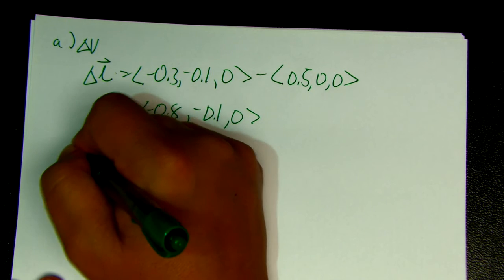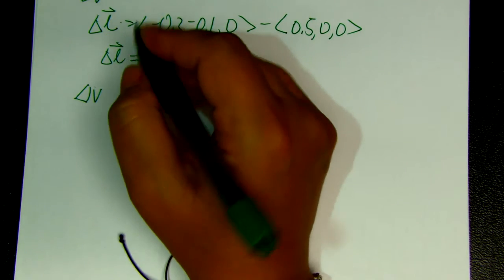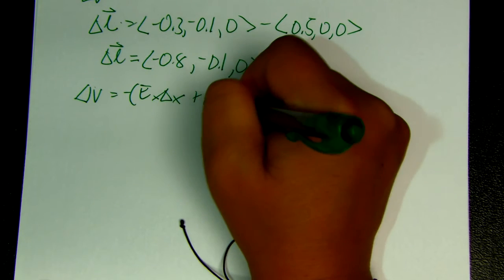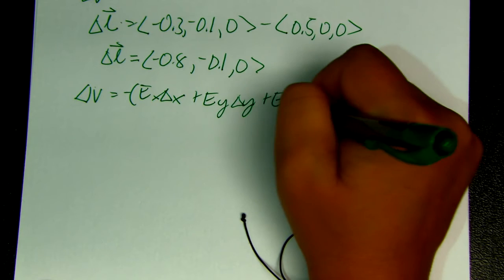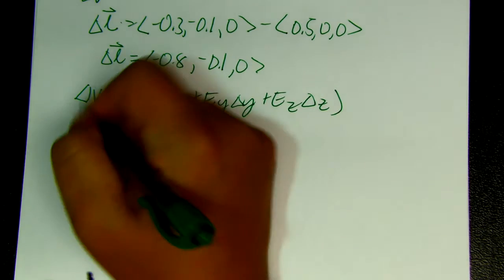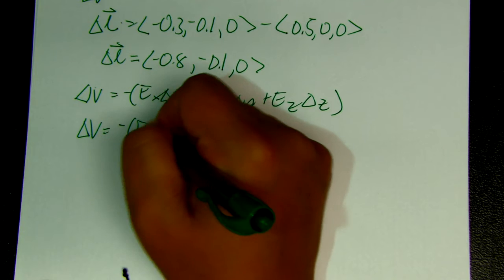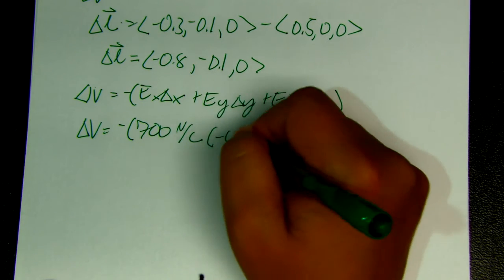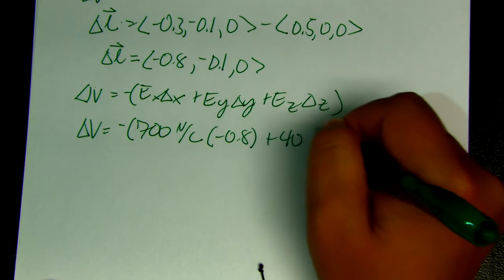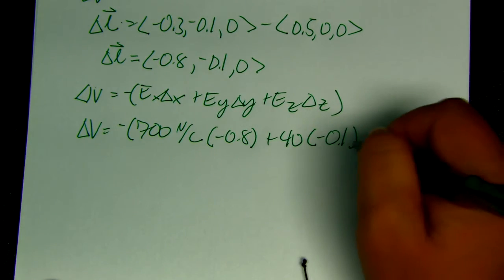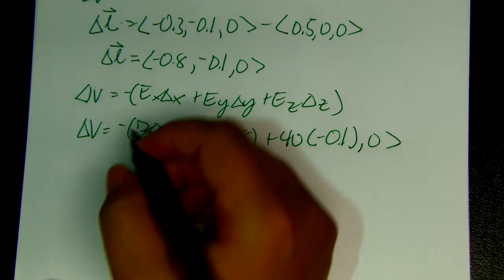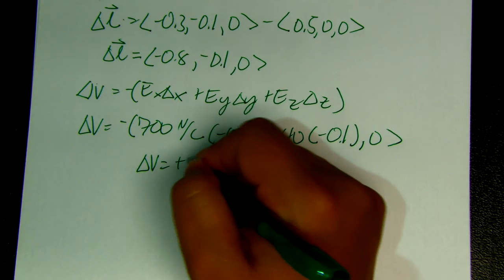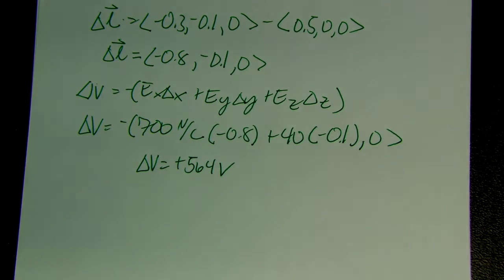And so delta V, strange delta, but it'll work, is equal to minus E sub x delta x, plus E sub y delta y, plus E sub z delta z. Delta V is equal to minus 700 newtons per coulomb times minus 0.8 plus 40 times minus 0.1, 0. And so delta V is equal to plus 564 volts.